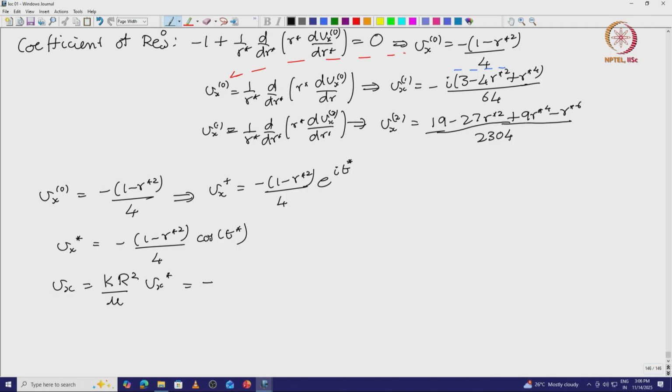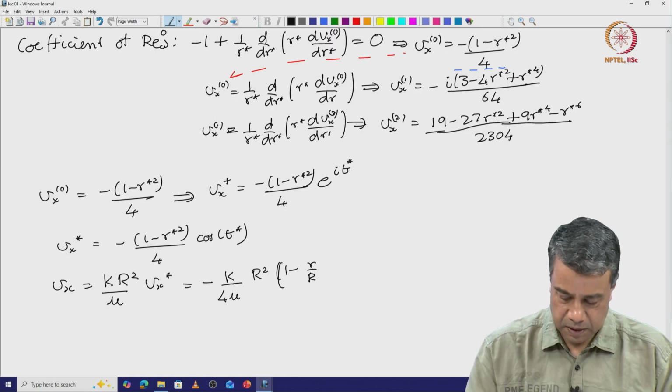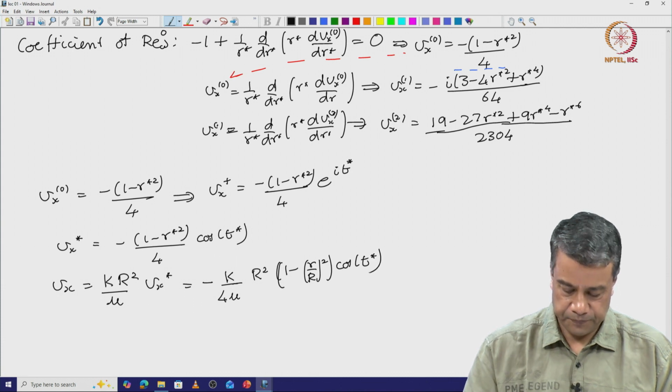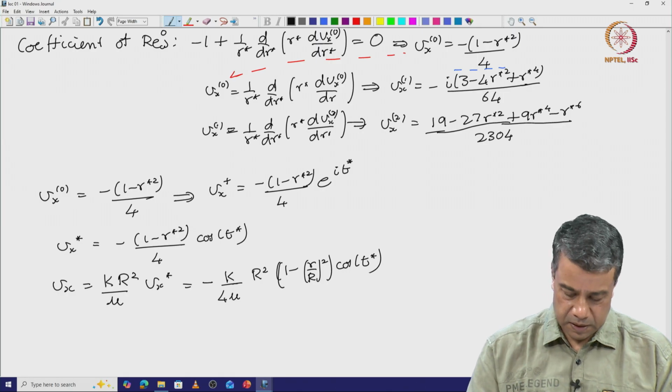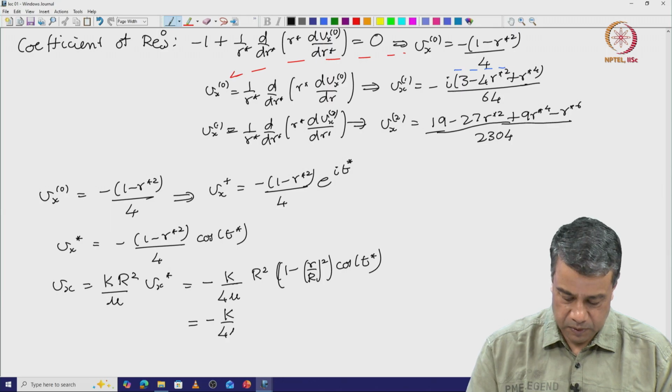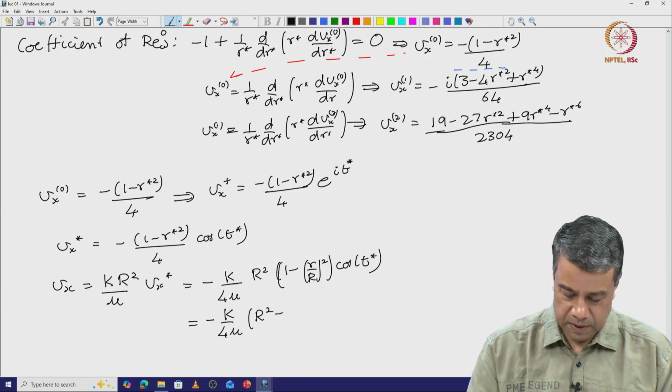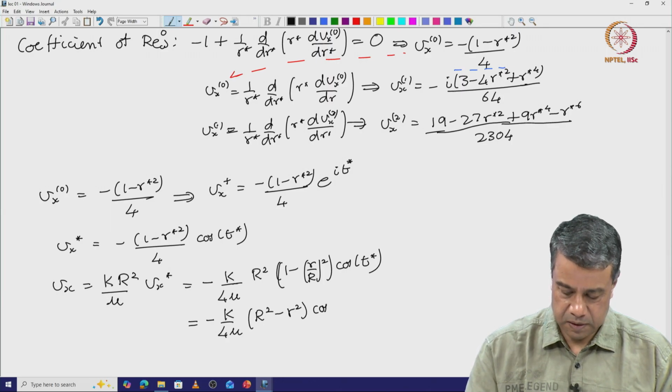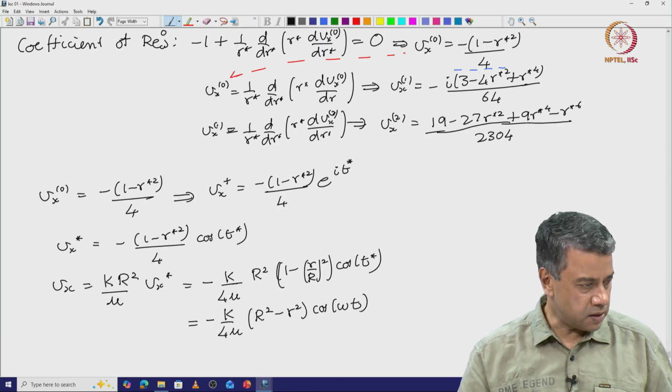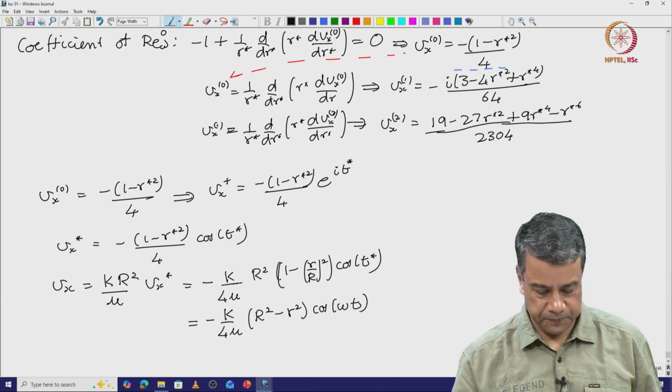This is equal to minus k by 4 mu into r square into 1 minus r by R the whole square into cos of t star. I can write this as minus k by 4 mu (R square minus r square) cos of omega t, because cos of t star is cos of omega t.